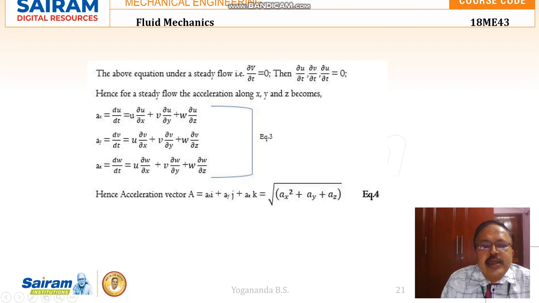So del u by del t is 0, del v by del t is 0, and del w by del t is 0.